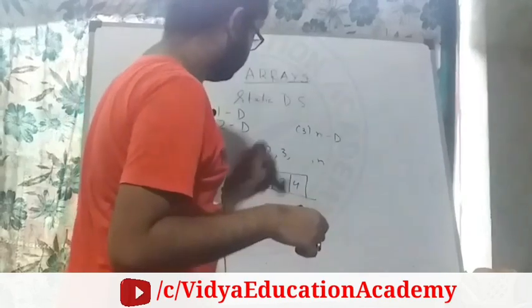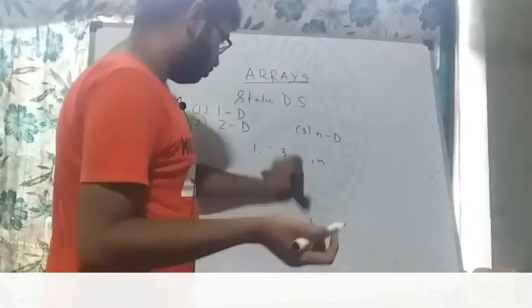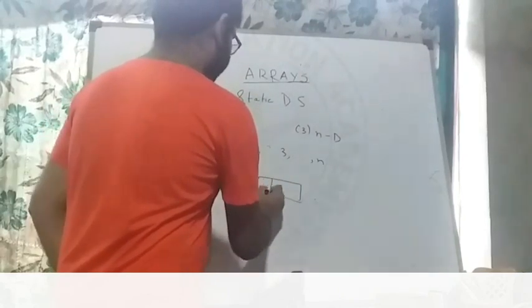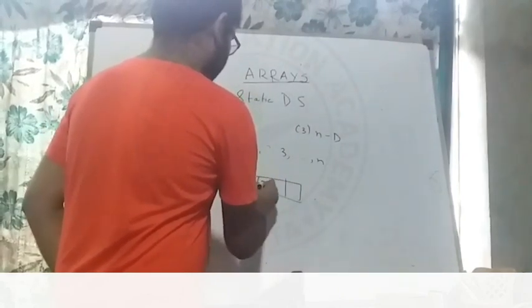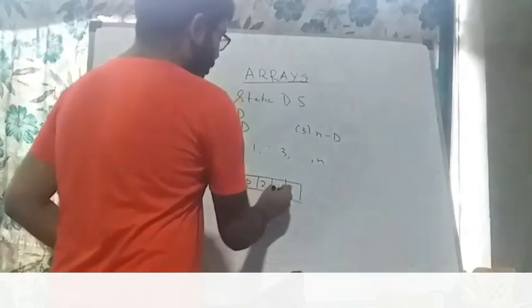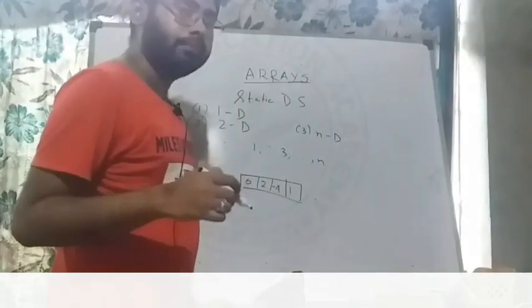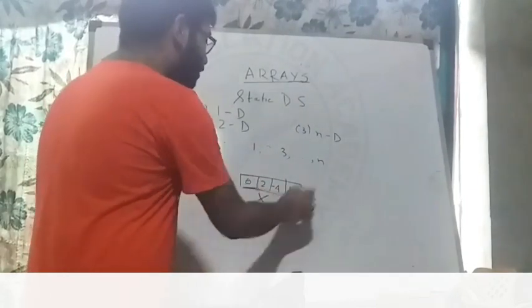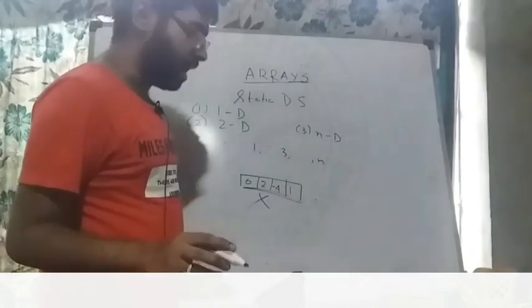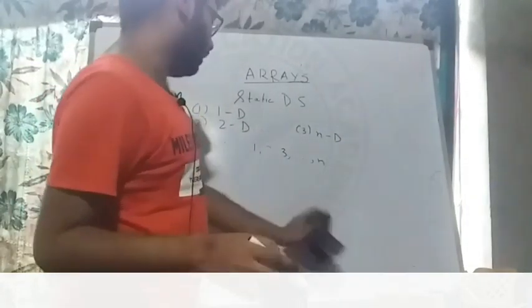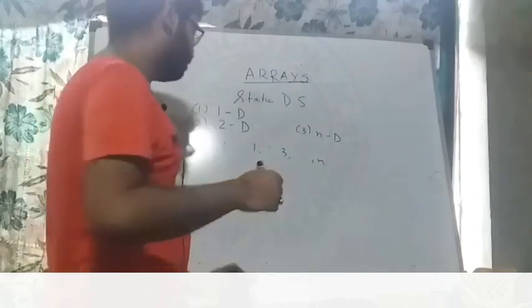But this is an array of a mixture of character and number. Is this valid? No, it's not valid, because a mixture of data types is not allowed in an array. We have to give only characters or only integers, then it's allowed.